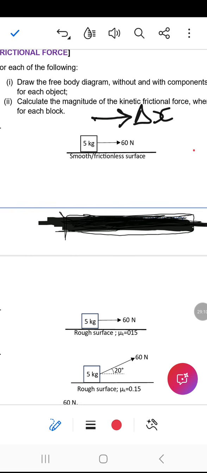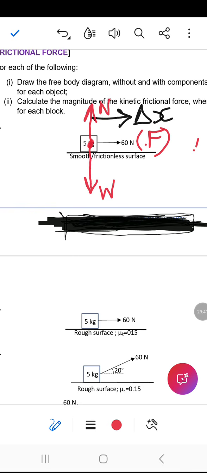If we label the forces acting on this 5 kg block, there's always weight acting on the object, always acting downward to the ground. So here I'm having my weight. Then we'll also have the normal force. Remember, normal force must act perpendicular to the surface. Then here is my force applied, a capital letter F. So these are the forces acting on the object.